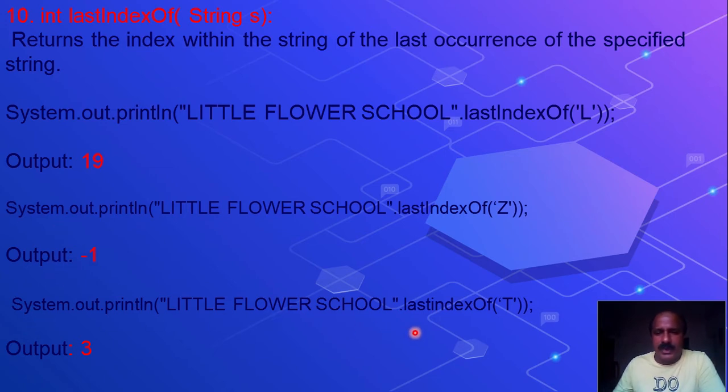Little Flower School dot lastIndexOf T. See, in this, how many T's are present? Yes, there are 2 T's present in the entire string, at the second and third position, and we are searching the last index of T. That means 3 will be returned.